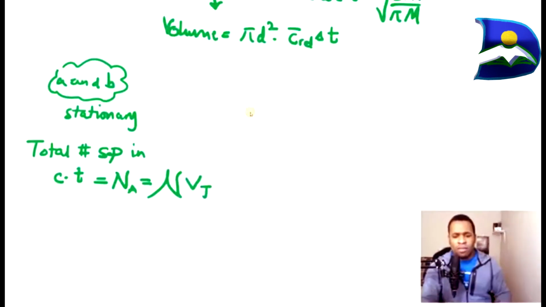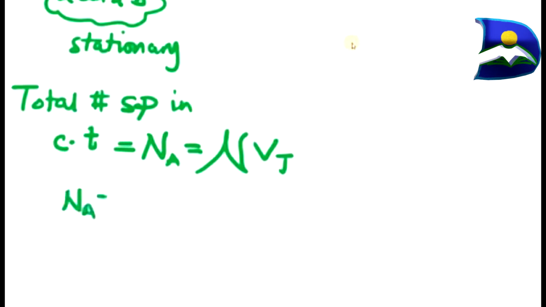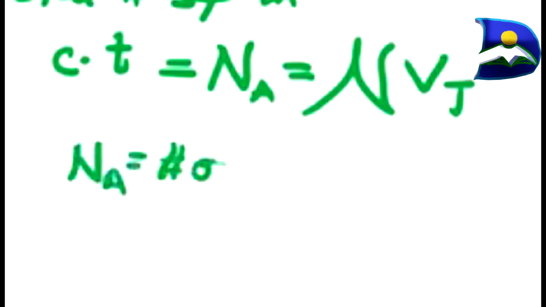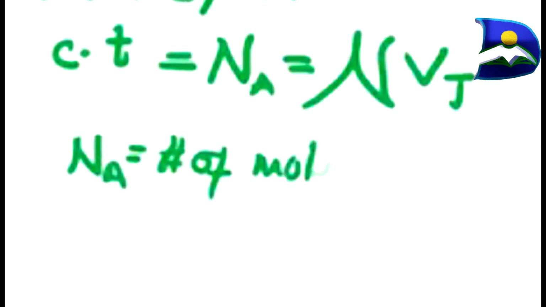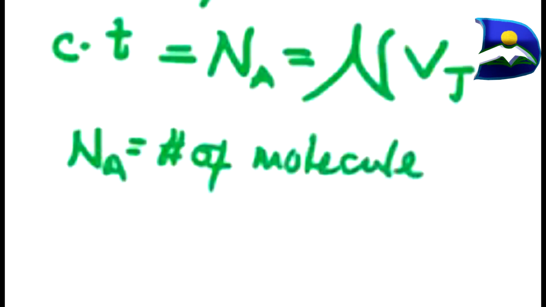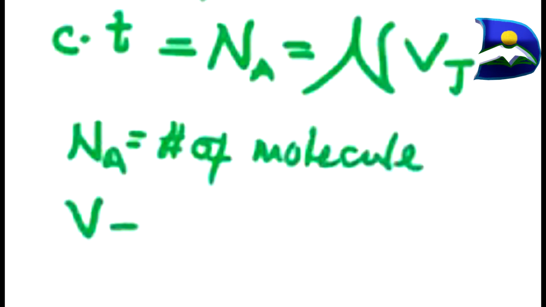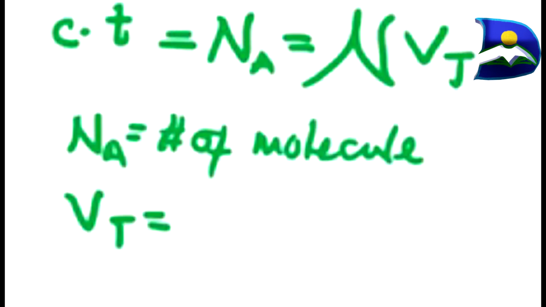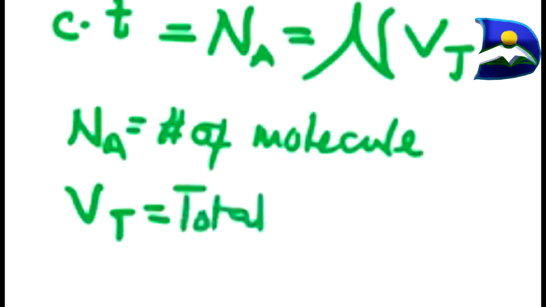And in this particular part, we need to define some terms. We're going to define the term Na to be equal to the number of molecules, and we're going to define Vt to be equal to the total volume.